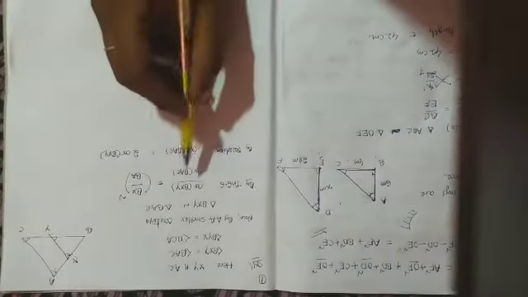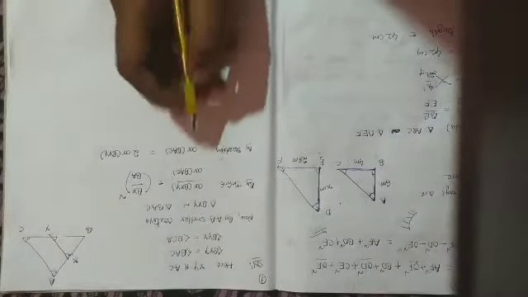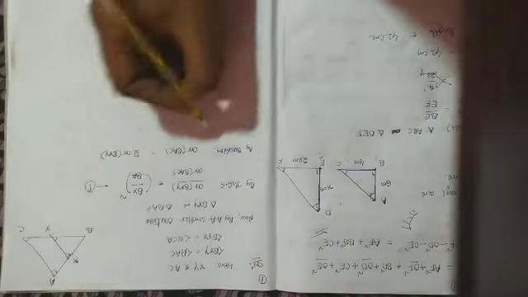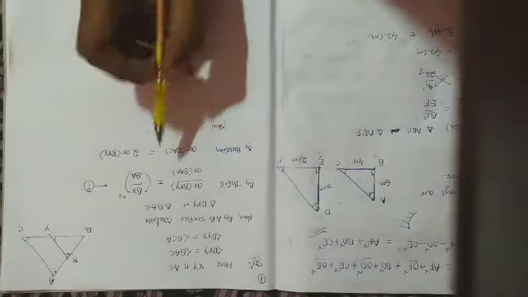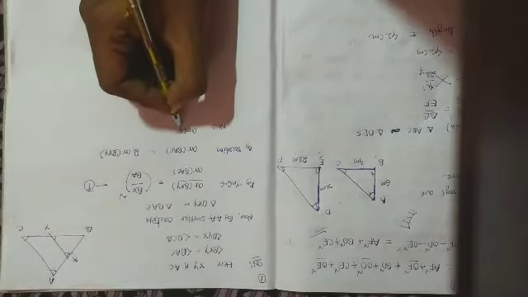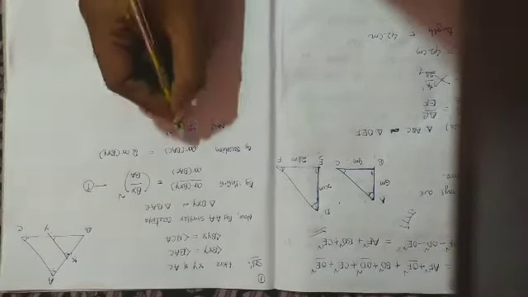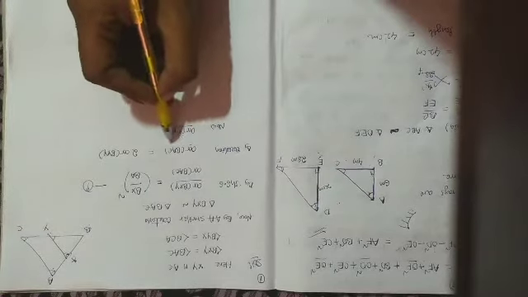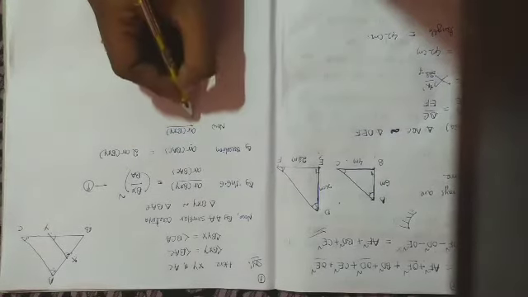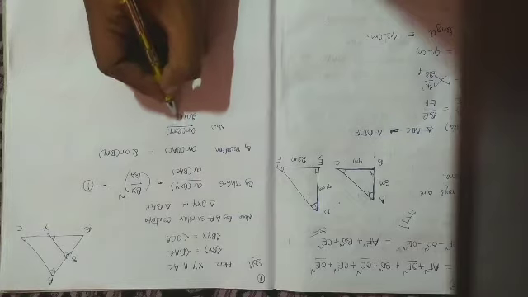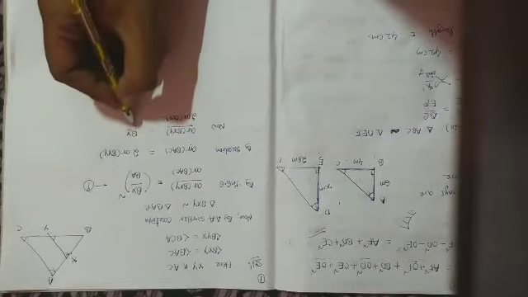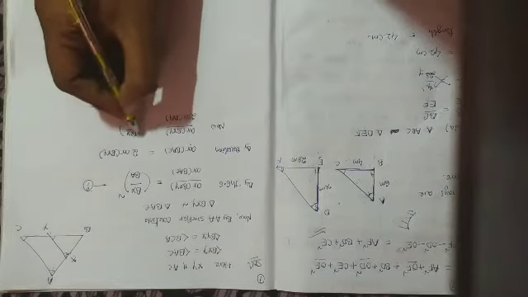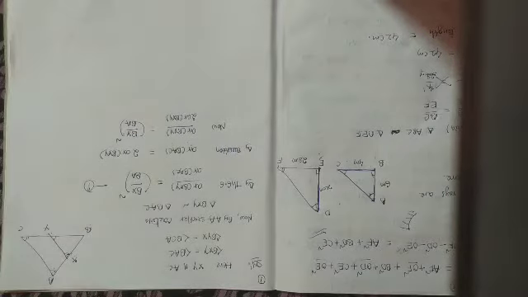Now put in area of BXY by area of BAC: in place of area of BAC, put 2 area of BXY, equals BX by BA whole square. BXY cancels, so what remains is 1 by 2 equals BX by BA whole square.